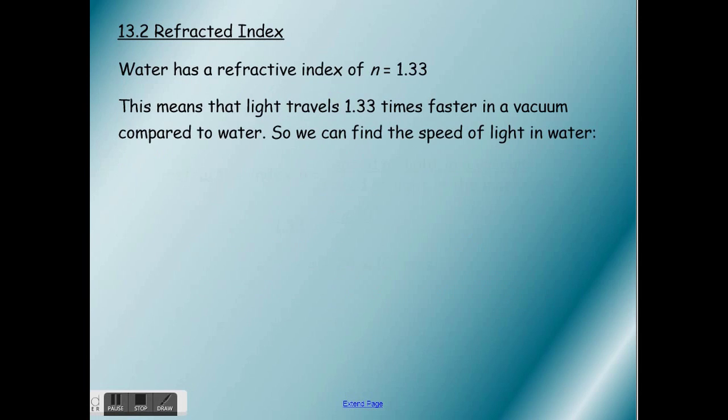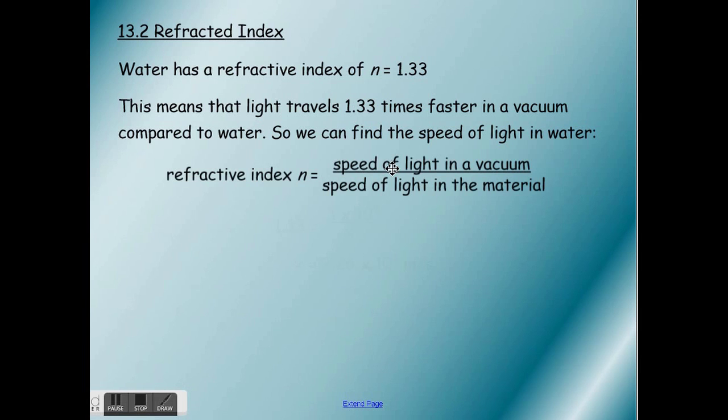So, water has a refractive index of n equals 1.33. This means that light travels 1.33 times faster in a vacuum compared to water. So we can find the speed of light in water using our formula. I know the speed of light in a vacuum, and I know n, which is 1.33.